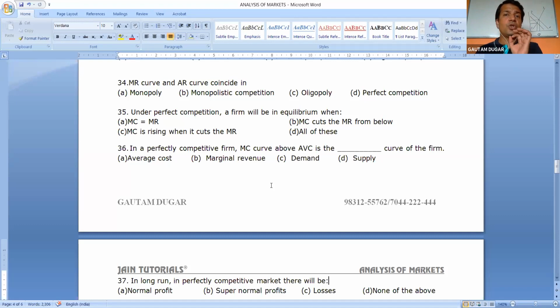So the MC curve above AVC is the supply curve of the firm, which is D.